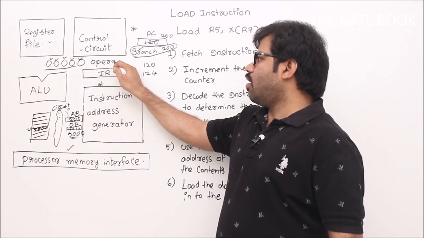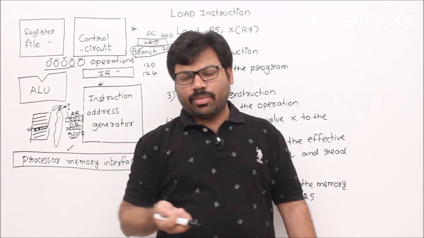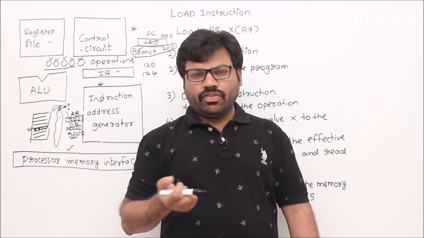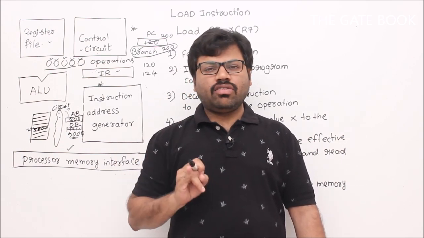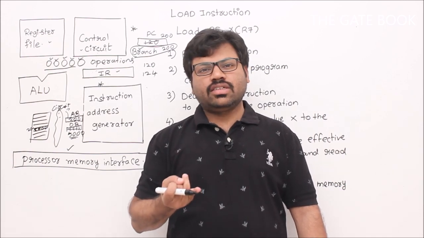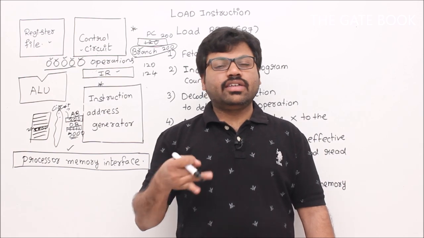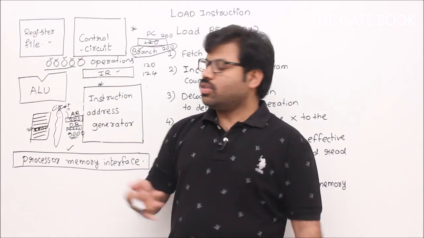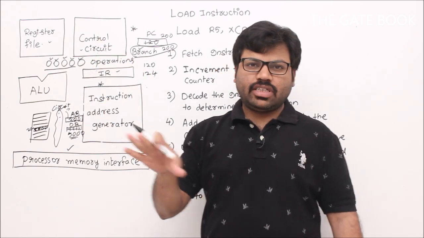We will be seeing those operations one by one. For example, in addition, what are the operations? Fetch the instruction. I am talking about the add instruction. Once you fetch the instruction, next you have to decode. Then the third operation is execution, right? All those operations we are going to do with this circuitry.